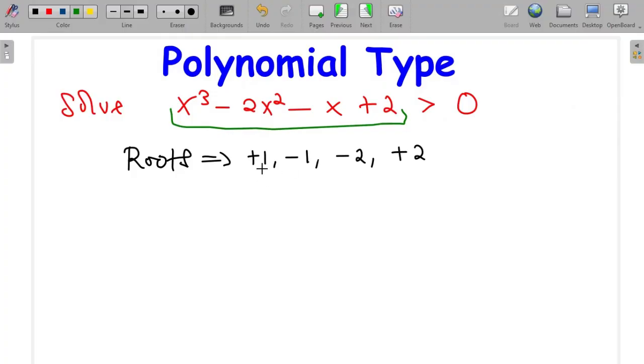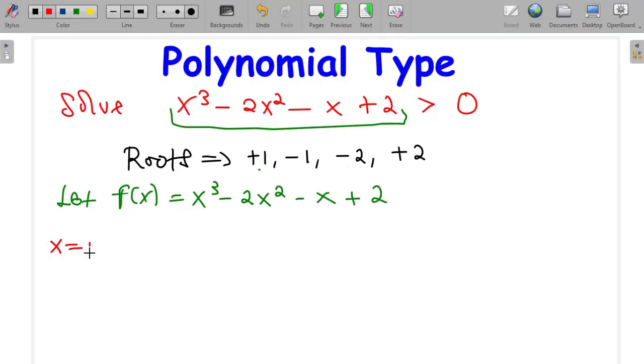So if this is a root, then when I replace it into this equation, I should get a 0. Okay, so I'm just going to say let f of x be equal to x to the power 3 minus 2x squared minus x plus 2. So here I'll say let my x be 1. So my f of 1, what is it?